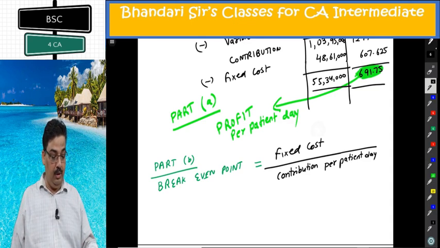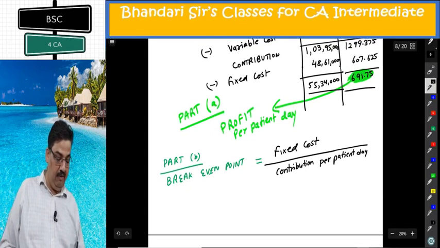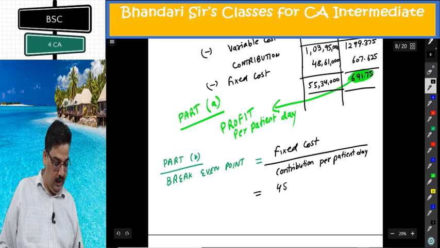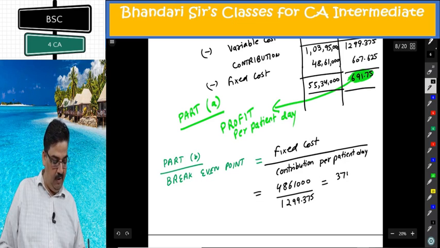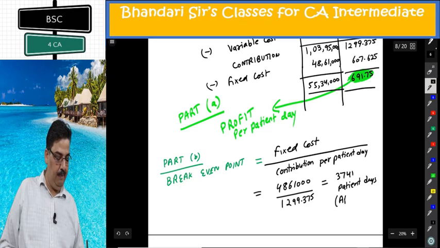We have already computed that, 1299.375. So this becomes 48,61,000 divided by 1299.375. This is 3741 patient days approximately.